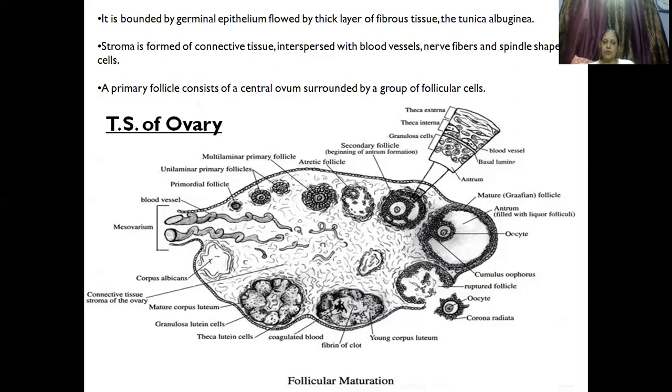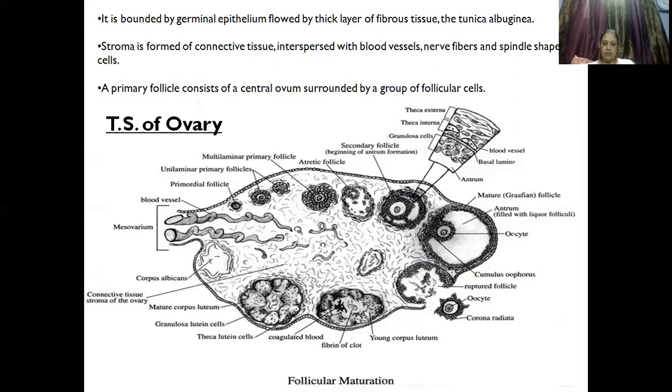So the whole process is called oogenesis. Now, oogenesis starts much before the birth of the female baby, and by the end of 12 weeks the ovary is fully formed. So it has more than 2 million primordial follicles in it.